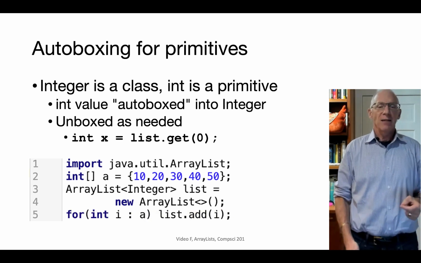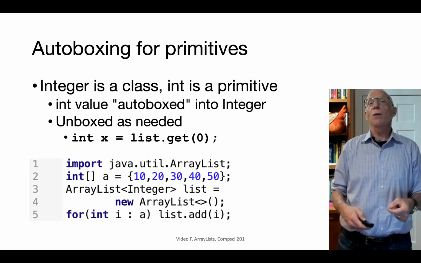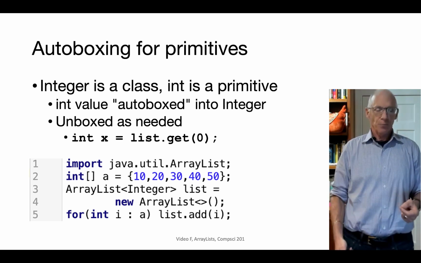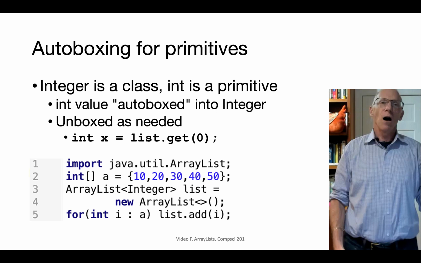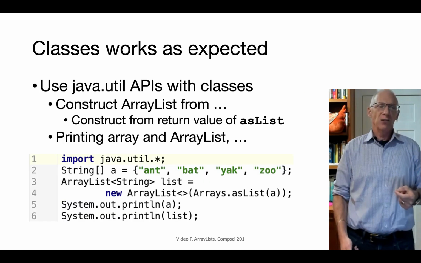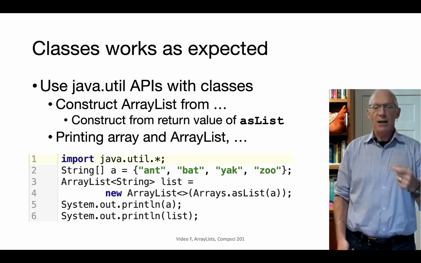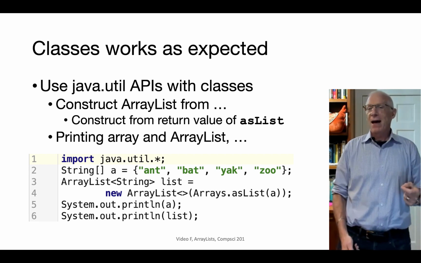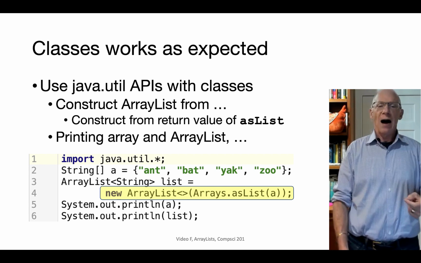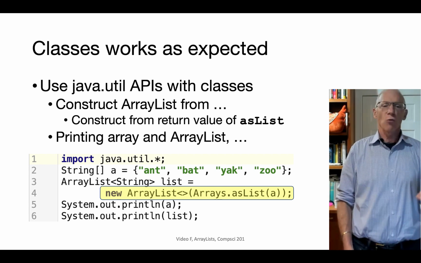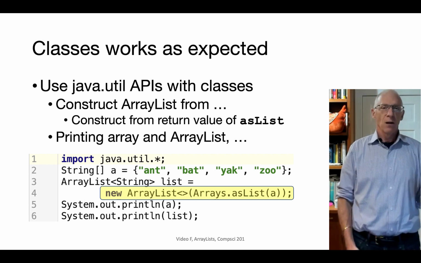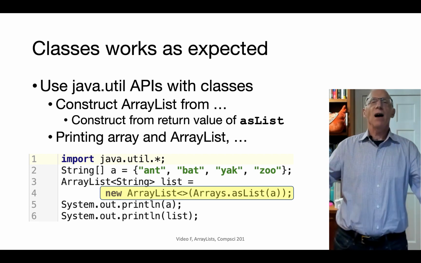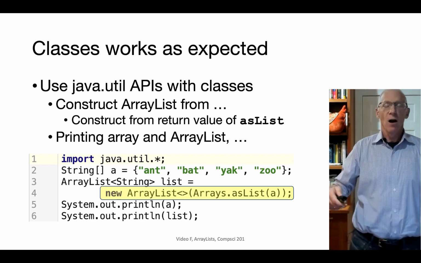And we'll see that it's possible to do some other kind of more mass conversions using a helper method from the Arrays class. So if I create, for example, a string array containing ant, bat, yak, and zoo, I can create a new ArrayList by saying new ArrayList and then giving the entire array as a parameter.